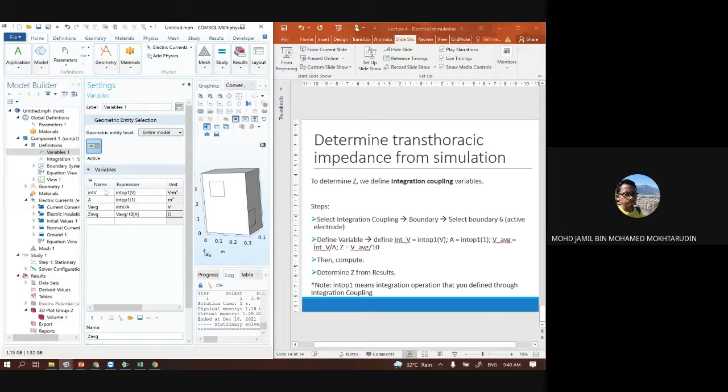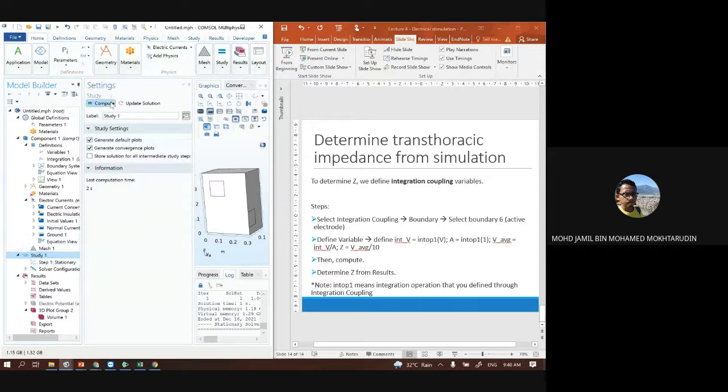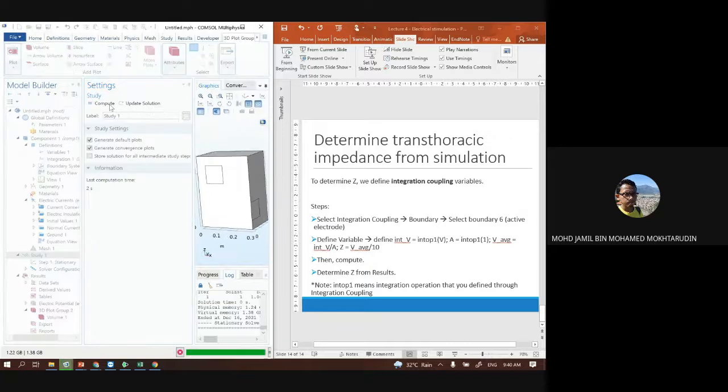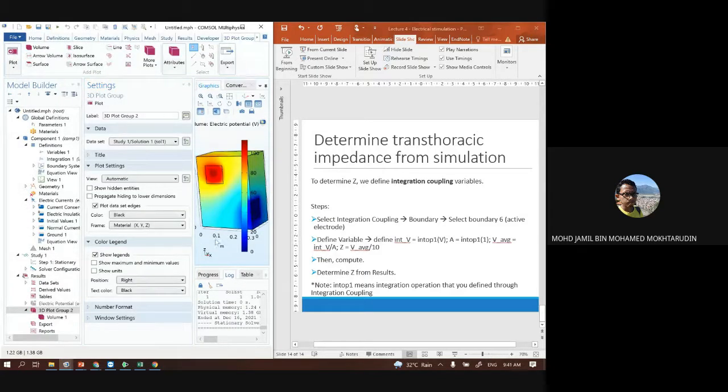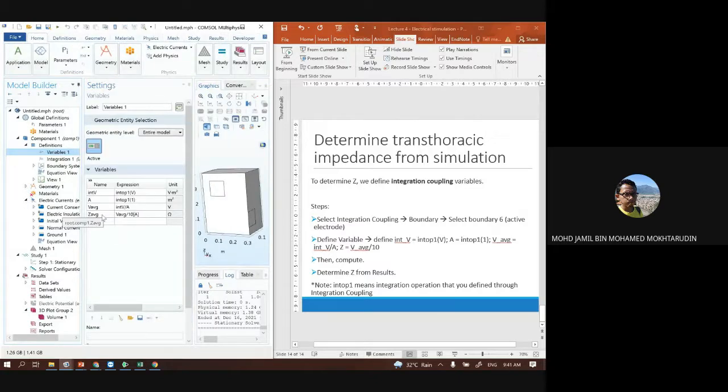So this is only a variable. It doesn't calculate yet until you compute the simulation again. So you need to compute again. After you compute it, you can view the results of this ZAVG.